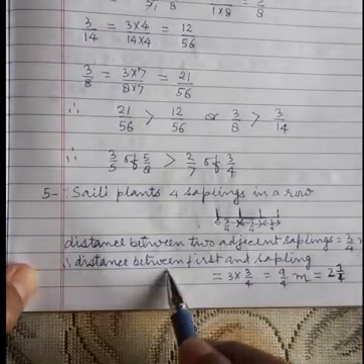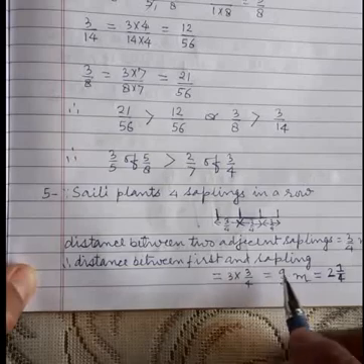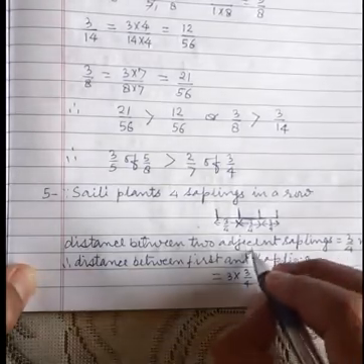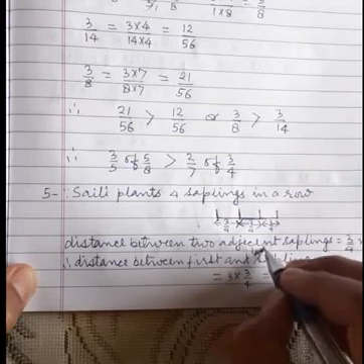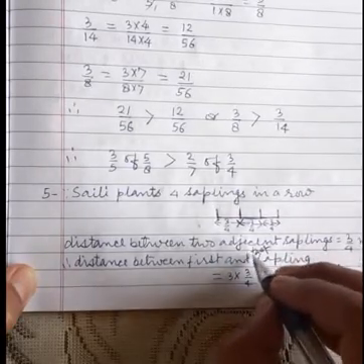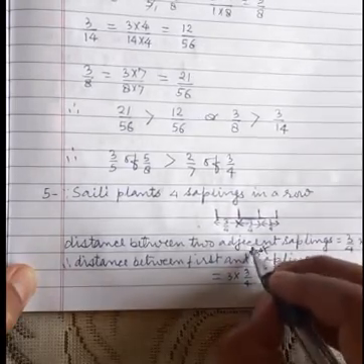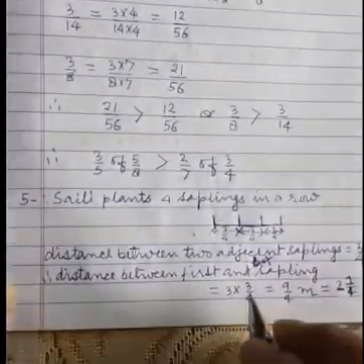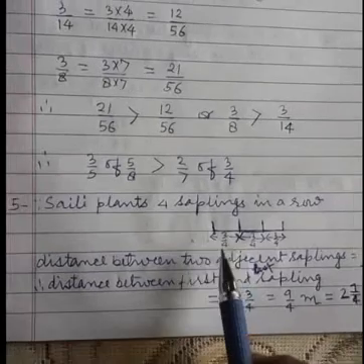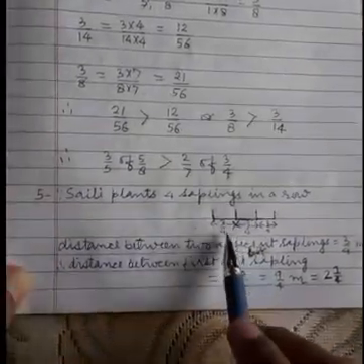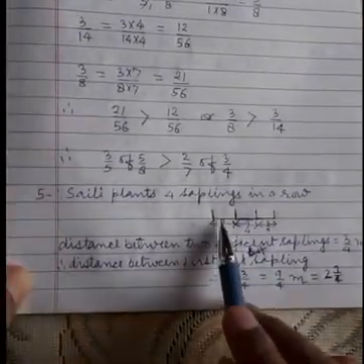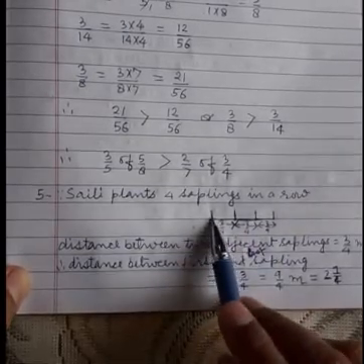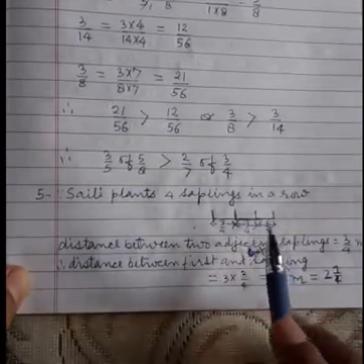Therefore, distance between first and last sapling is, there are 3 intervals. First sapling is this, last is this.